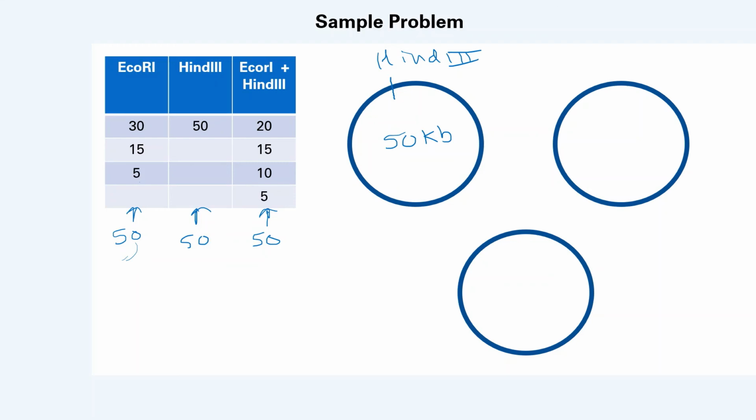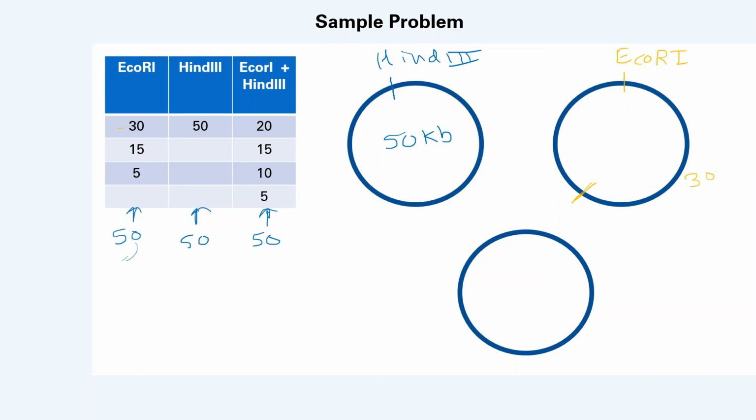Let's map EcoRI next. So for EcoRI, EcoRI is cutting here. And then it has 30, that's the first fragment. So I'm going to say half of 50 is 25. So if I make a cut here, that's 25. So 30 must be a little bit more.